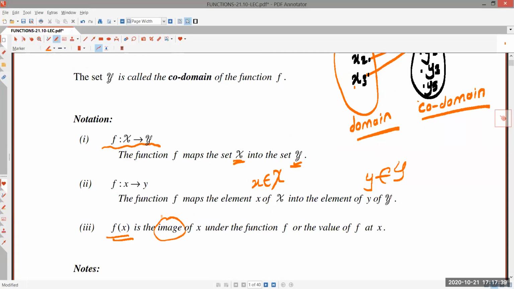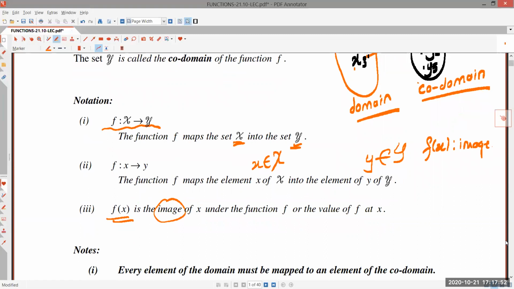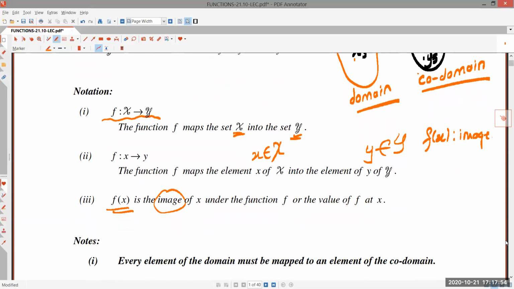Okay, so f of x is basically the image of x depending on the rule which we defined with f.